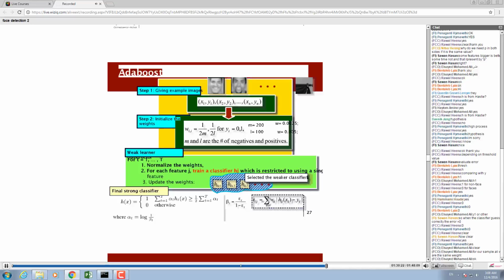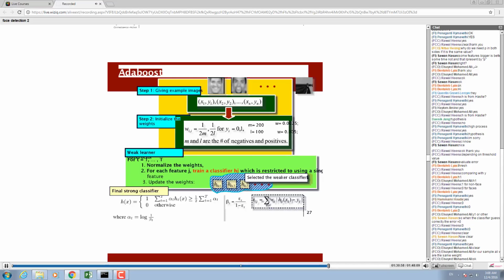Now I believe you understand what x and y are. In step 2, for every sample image, we assign wi. The wi is assigned in the beginning with the same number, 1 over 2m and 1 over 2l. Here m and l mean the number of negative and positive samples.